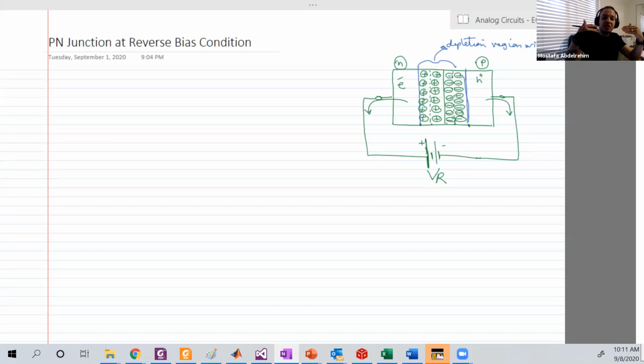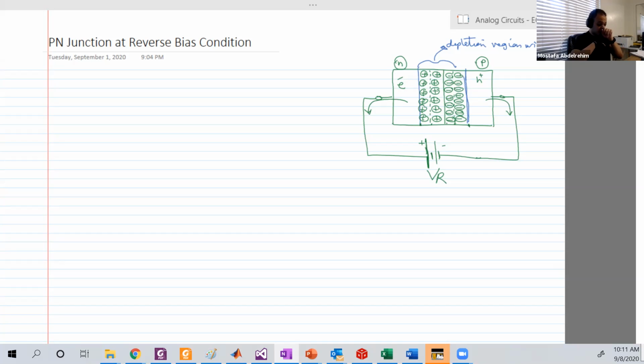So we expect that if there is no current at equilibrium, then also there is no current at reverse, except for very, very small currents that I will explain in a moment, after maybe 5 or 10 minutes. Okay.